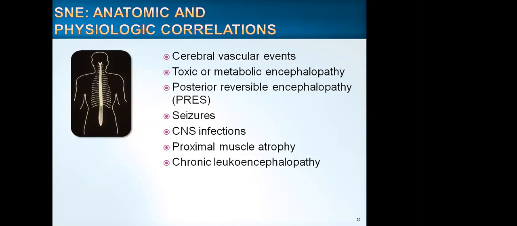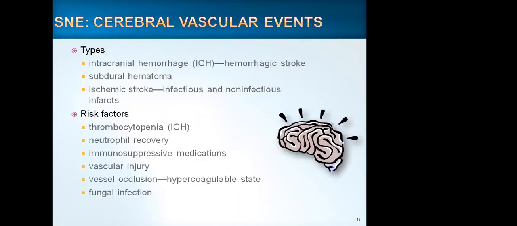Anatomy and physiologic correlations are cerebrovascular events, toxic metabolic encephalopathy, PRES, seizures, CNS infection, proximal muscle atrophy, and chronic leukoencephalopathy. Cerebrovascular events include intracranial hemorrhages, stroke, subdural hematoma, and ischemic stroke.